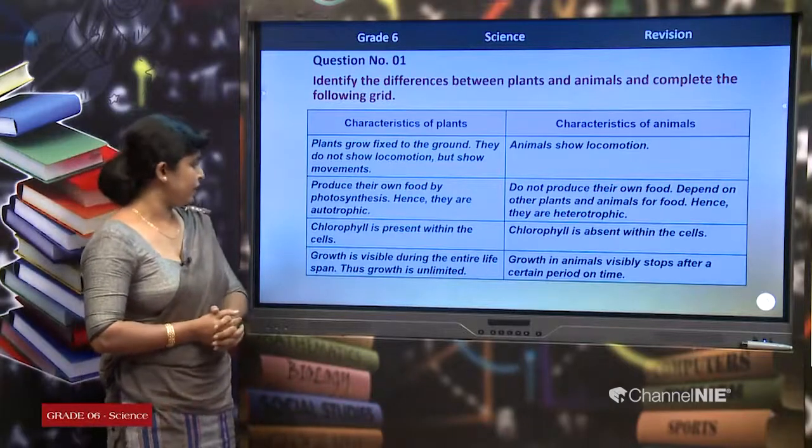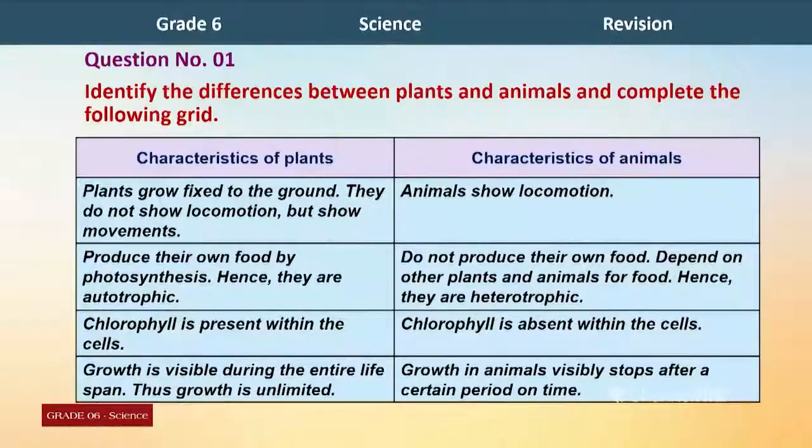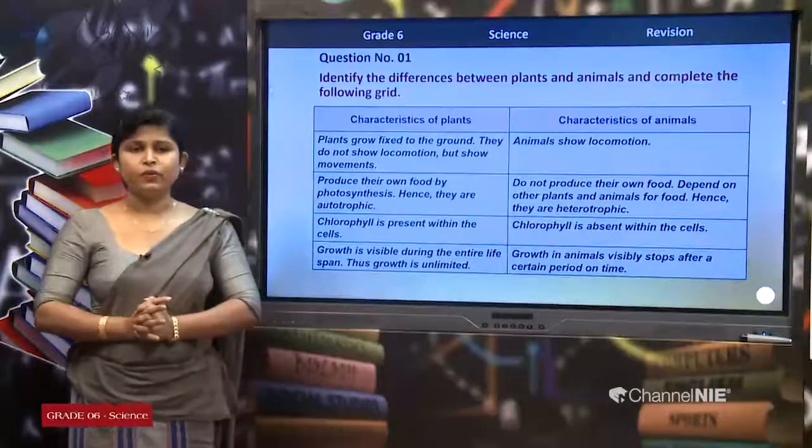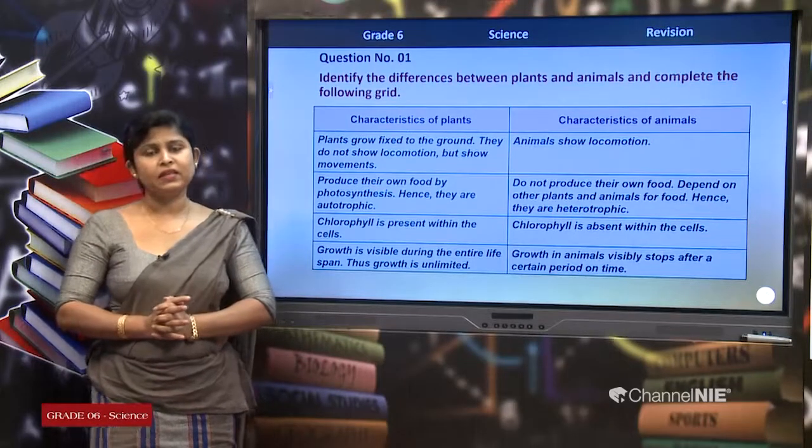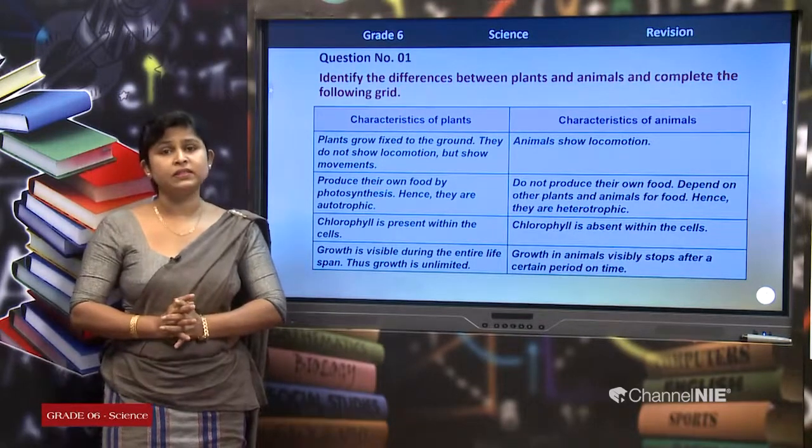Look at the last one. In plants, growth is visible during the entire lifespan. Growth is unlimited. Growth in animals visibly stops after a certain period of time. Right? Children, you know that the growth of plants is unlimited. It does not stop after a certain time.